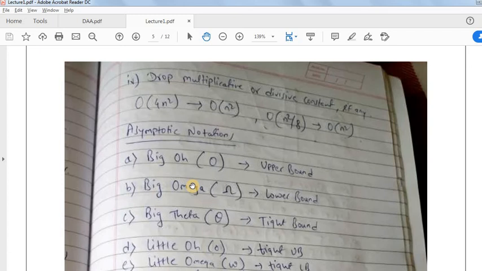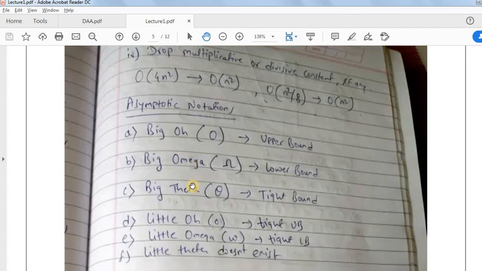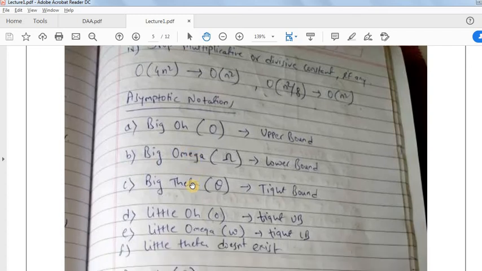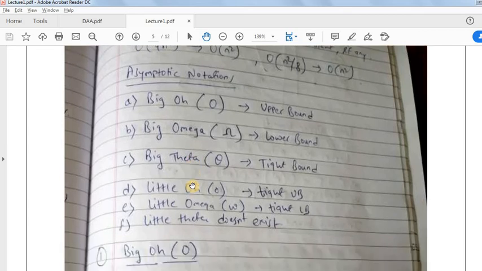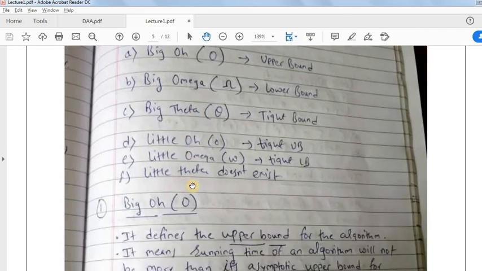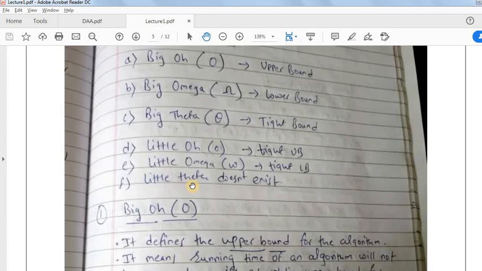Big theta notation will give us an idea about the tightest possible bound required for execution of an algorithm. Little o will give us a tight upper bound, little omega will give us a tight lower bound. Little theta does not exist, as big theta is the tightest possible bound.